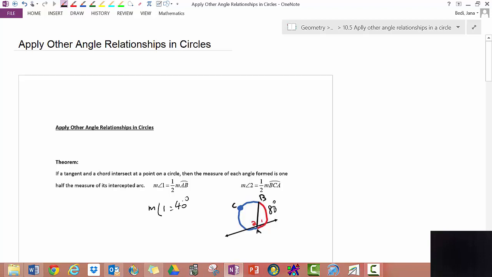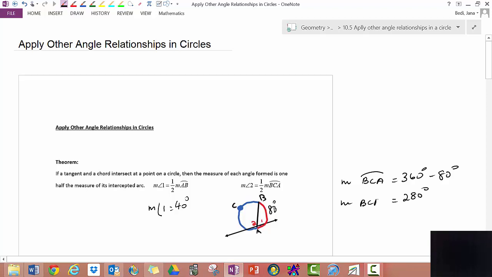Now also in this case, you know that the measure of arc BCA will be 360 minus 80 degrees, which is 280 degrees, right?